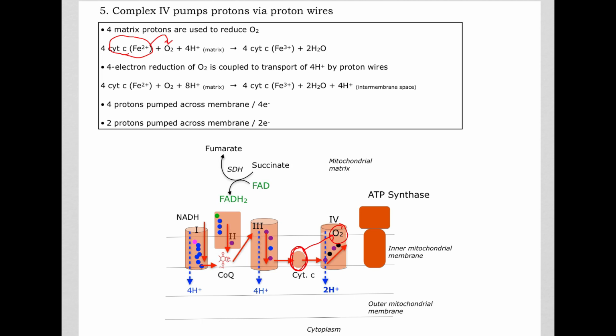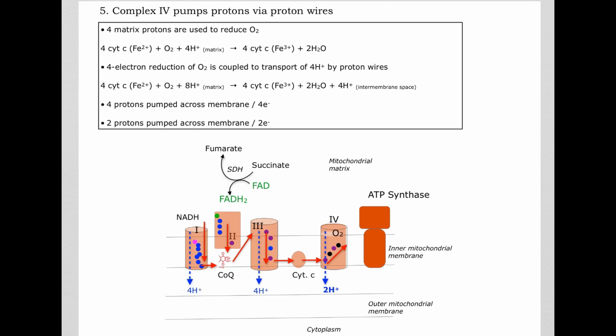In the process, oxygen becomes water and the cytochrome C gets oxidized into the ferric form. This redox reaction requires protons, and these protons come from the matrix. So basically 4 protons from the matrix are used up to help form water.